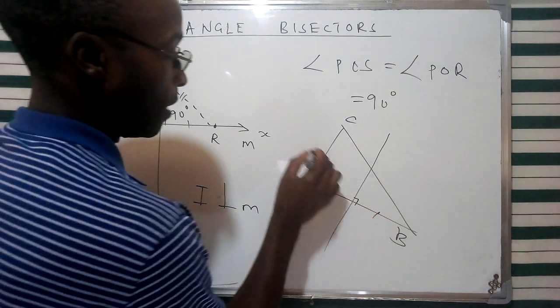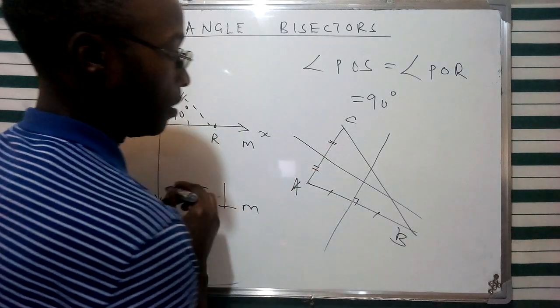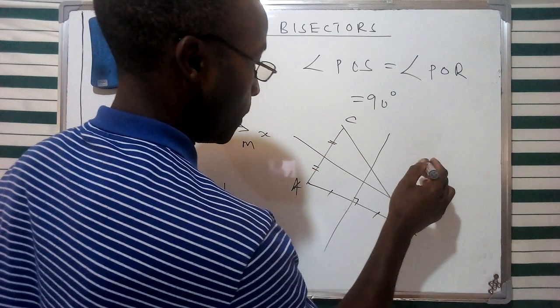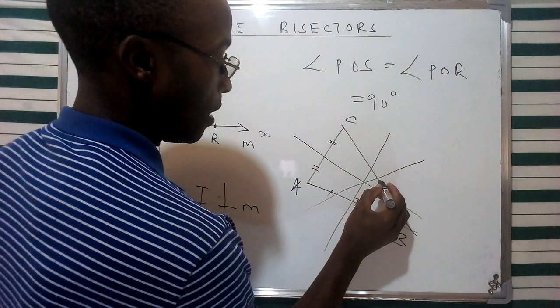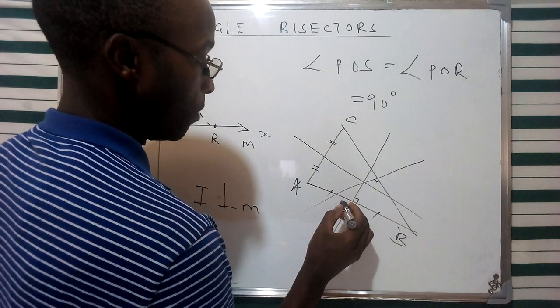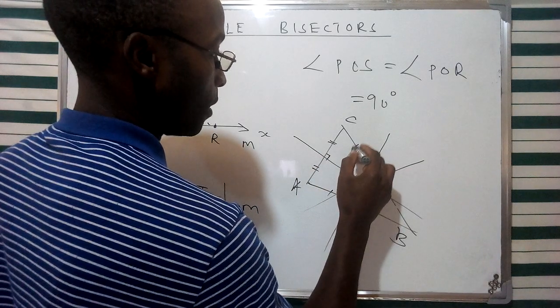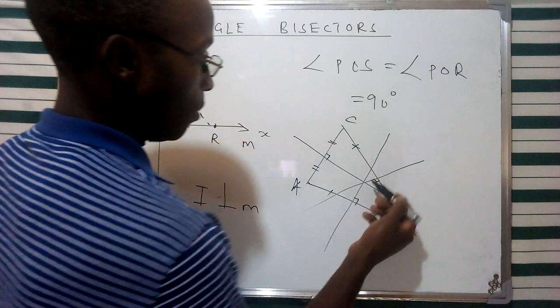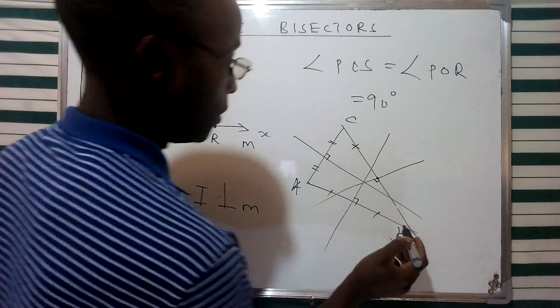Then we have another perpendicular bisector dividing this segment, this one equivalent to this one. And then another perpendicular bisector dividing this segment CB at this specific point. So this is going to be perpendicular, this is going to be perpendicular, and this one is going to be equivalent from this specific point.